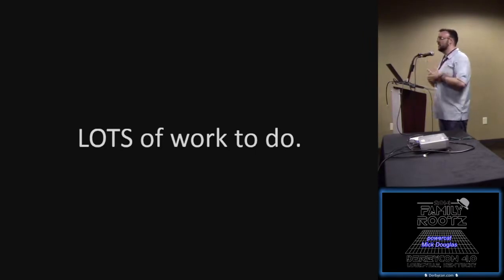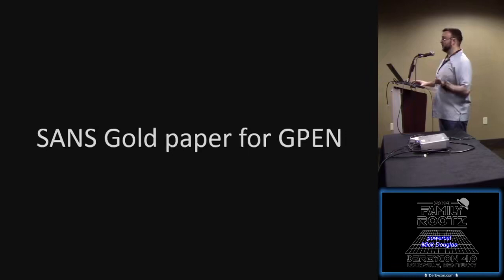And people are probably thinking, wow, that doesn't sound like a lot of fun or like a small amount of work. And the answer is, no, it's not. But I've got a SANS Gold paper to write on this, and I've already paid. So I've hit the point of no return. So I've got to get this tool done, and I've got to write a paper about it. So that's a pretty strong motivation.